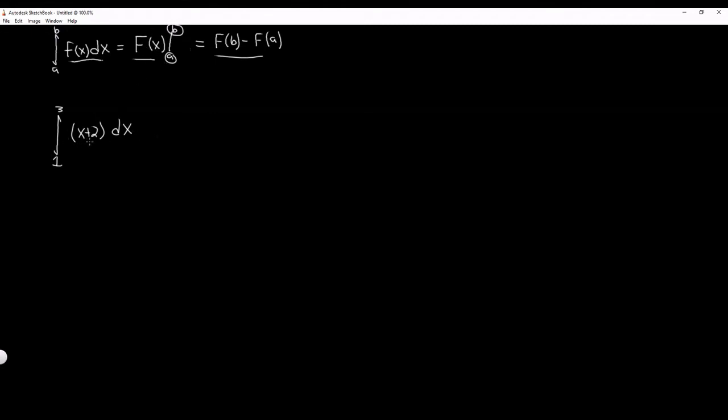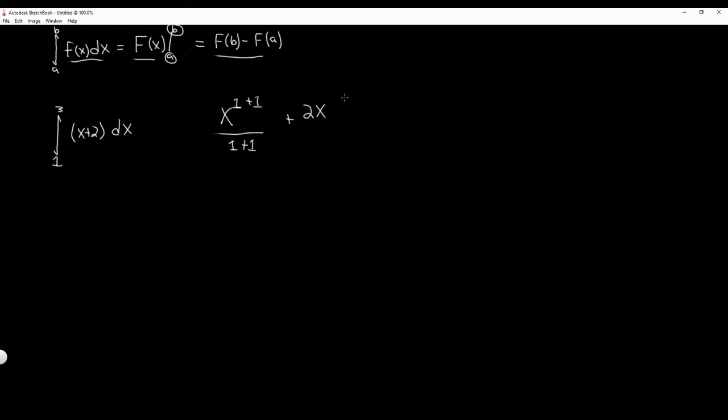So the antiderivative of x plus 2: we first take the antiderivative of x to the first. The way we do this is we add 1 to the exponent and then divide by the new exponent, plus the antiderivative of 2. For the antiderivative of any constant, all we have to do is add a variable to the end of it. So this is going to be plus 2x.